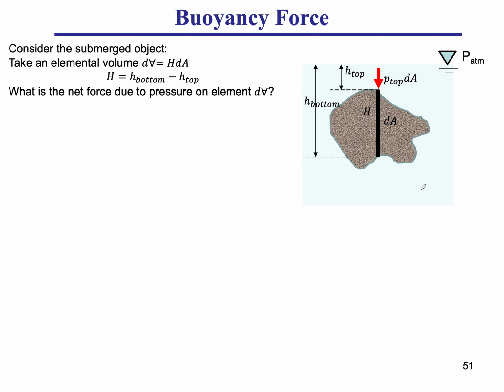So we have the pressure on top, and we have the pressure at the bottom. The pressure at the top multiplied by the area, and it acts perpendicular to that area. The pressure at the bottom is multiplied by the area of the elemental object, and acts perpendicular and compressive. That's why it's pointing upwards.